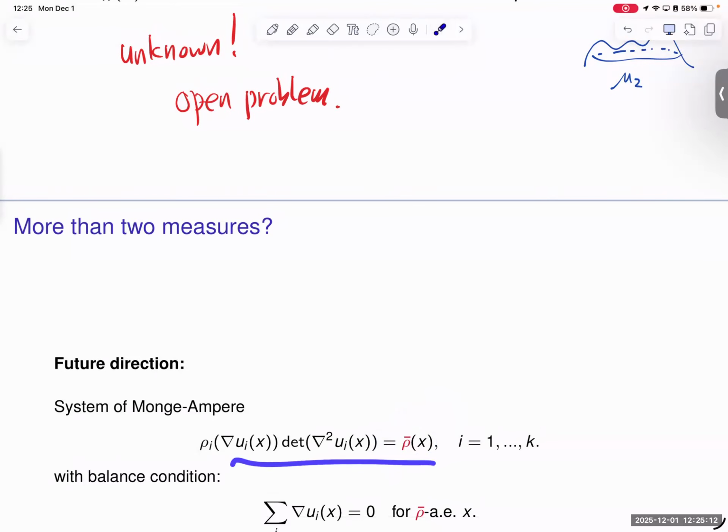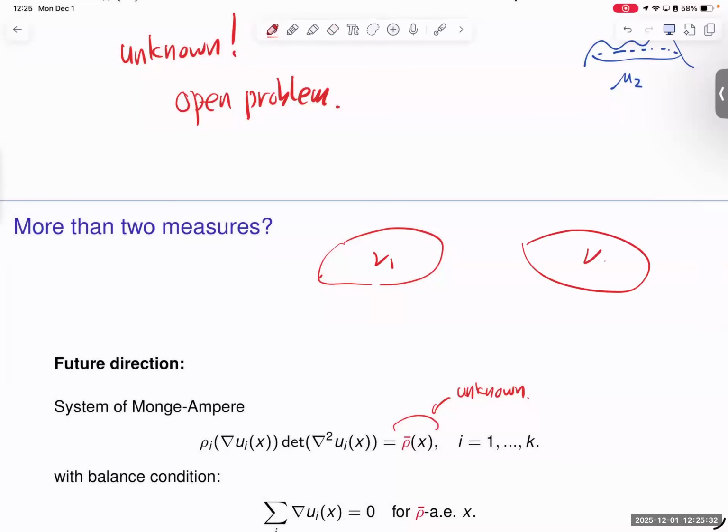So one possible thing you may use is the following. When you have, let's say, nu 1, nu 2, and nu 3, and you have this Wasserstein barycenter, let's call it mu bar.